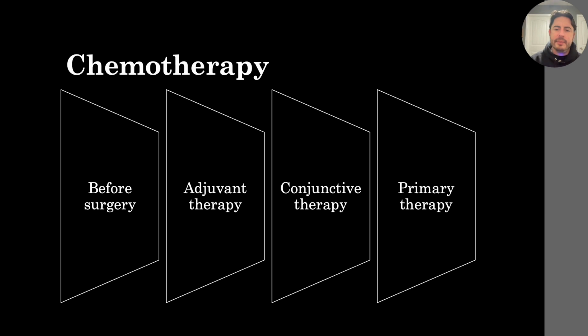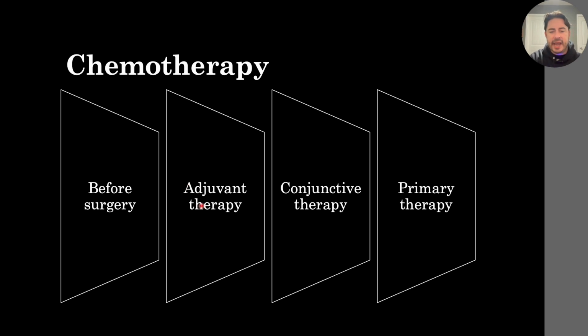So when we look at chemotherapy, there are a couple of different ways that we can do chemotherapy and we can target our chemotherapy. We can do it as a neoadjuvant therapy, adjuvant therapy, conjunctive therapy, and a primary therapy. So these two are very similar, but they have 2 different targets. Both of these happen before surgery.